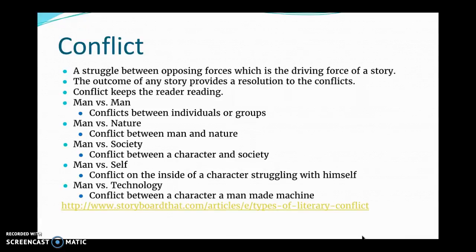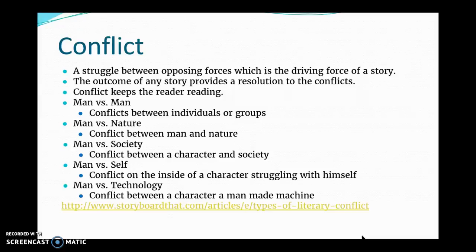Conflict. The struggle between opposing forces, which is the driving force of a story. The outcome of any story provides a resolution to the conflicts. Conflict keeps the reader reading. There are several different types of conflict. Man versus man, which are conflicts between individuals or groups.